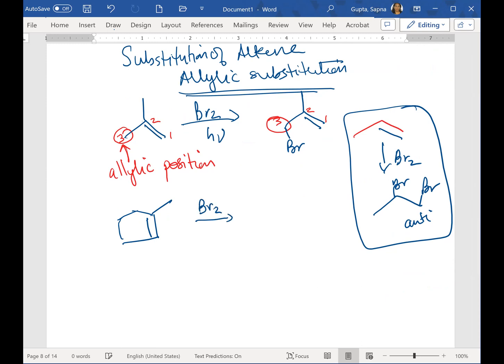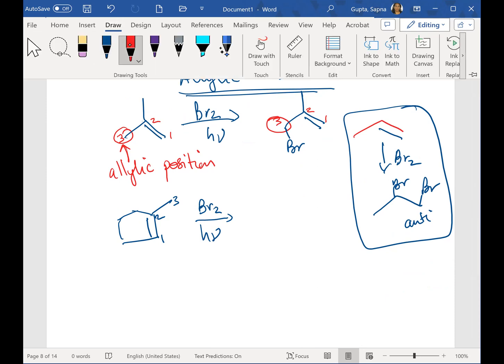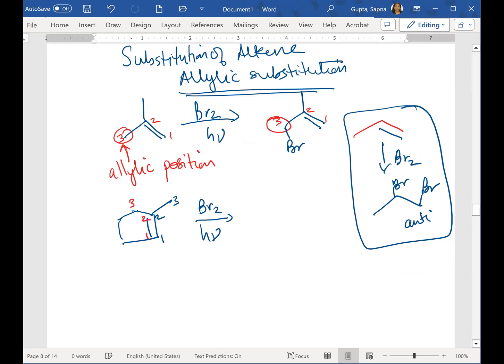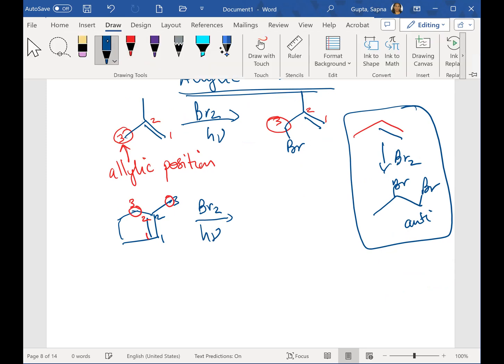and I add Br2 to this in presence of light, again, 1, 2, 3. I have 2 allylic positions here. So now I'm going to get a mixture.